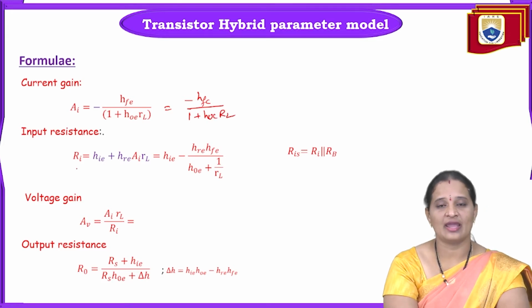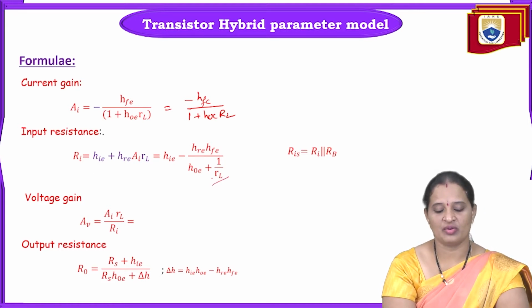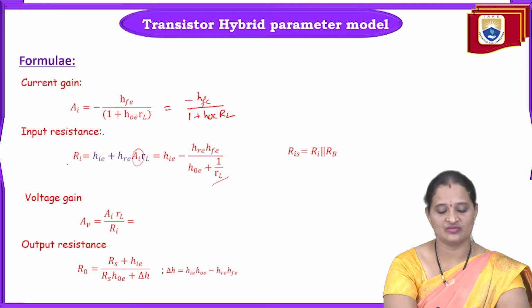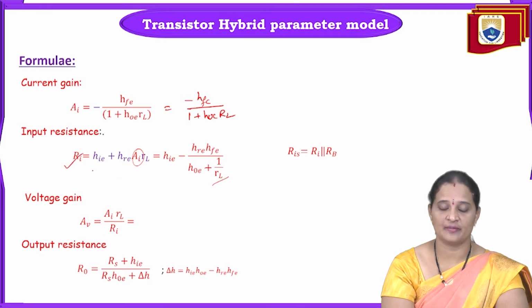Similarly, the input resistance RI is equal to HI plus HR into AI into RL. By replacing the AI formula in this, we can get the other form. Voltage gain is calculated as AV = AI into RL by RI, where RL is the load resistance and RI is the input resistance calculated from this formula.